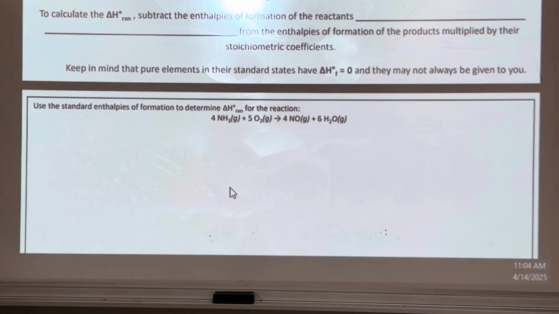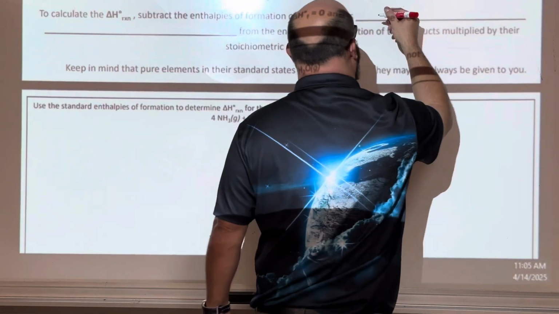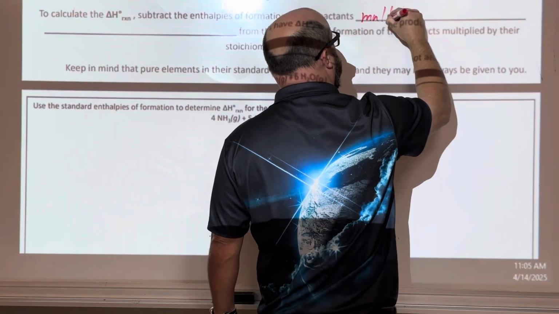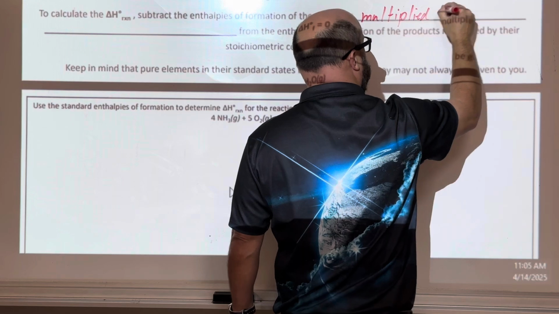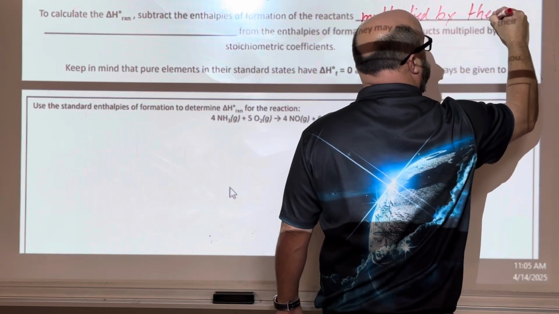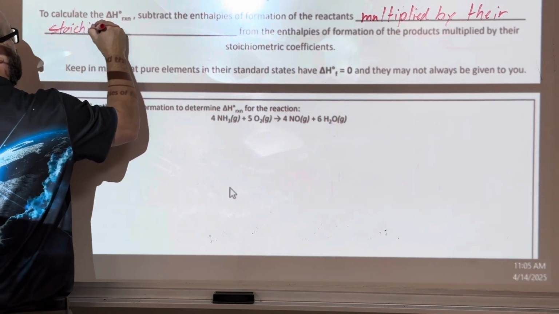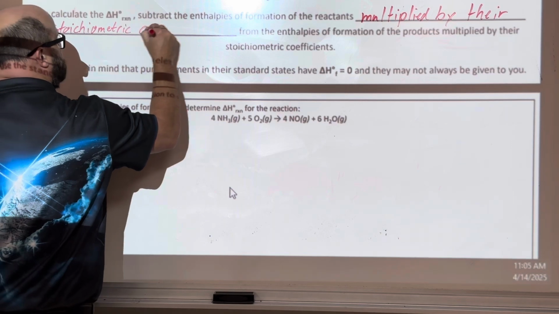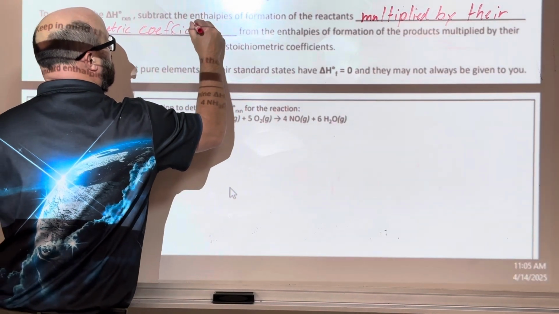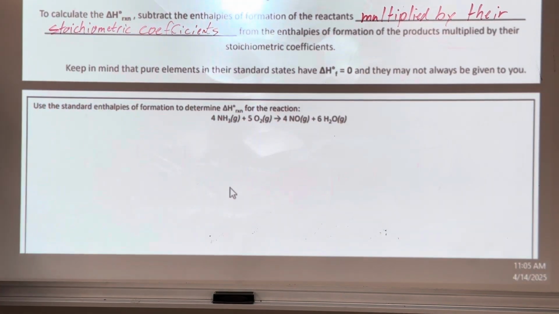So to calculate delta H of the reaction, you take the enthalpies of formation of the products multiplied by their stoichiometric coefficients, and subtract the enthalpies of formation of the reactants multiplied by their stoichiometric coefficients.